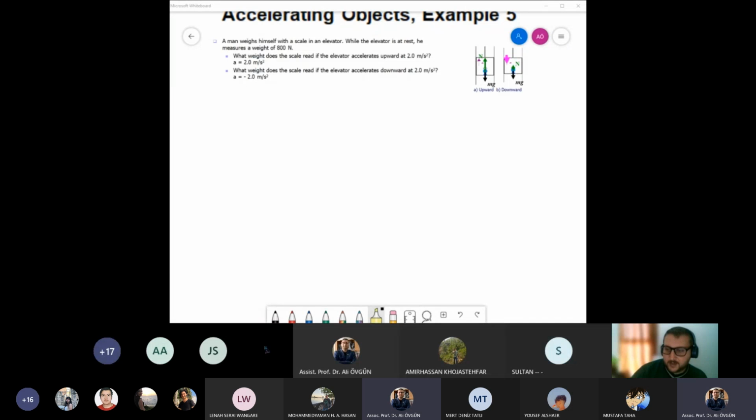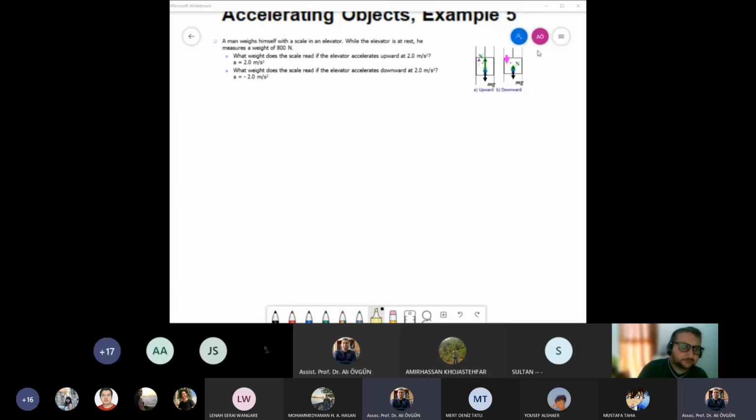It is a very simple example. They said that a man weighed himself with a scale in an elevator. So the man is inside the elevator and weighed himself while the elevator is at rest. He measures a weight of 800 Newton.